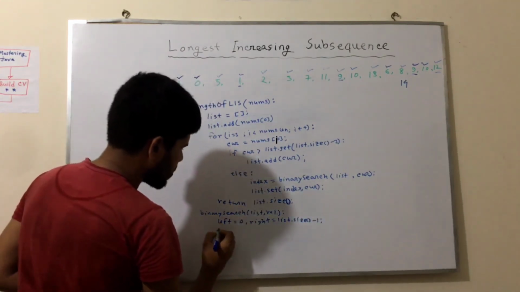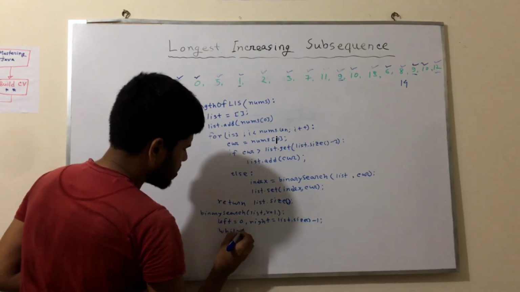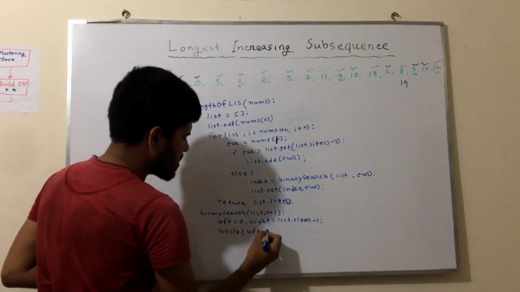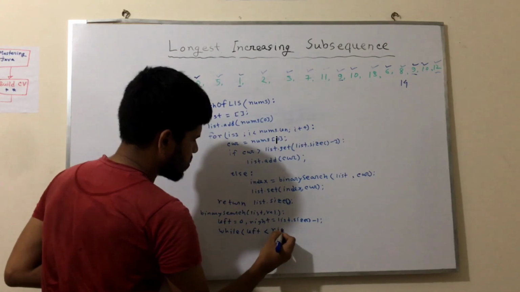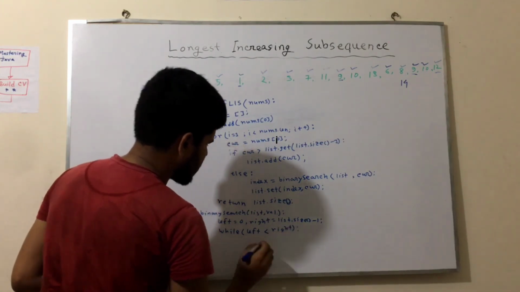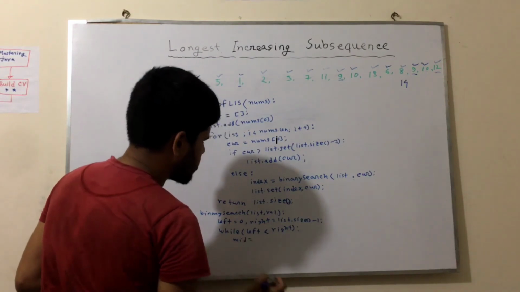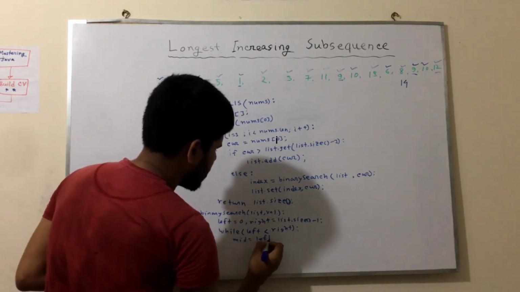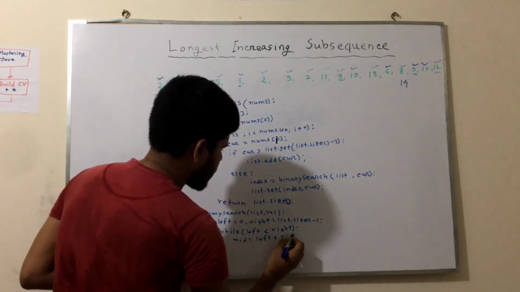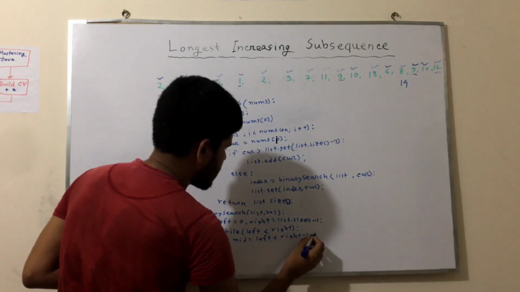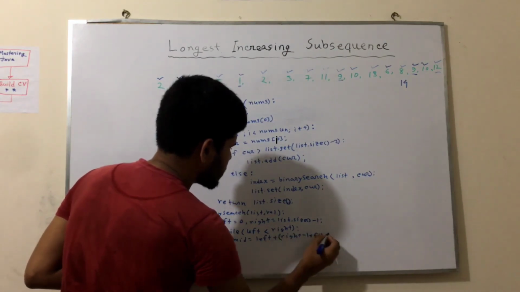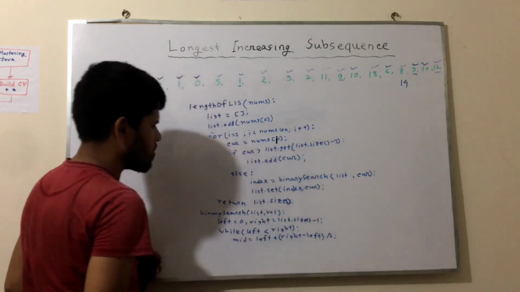Now let's run a while loop here. While left is less than right, we'll keep running this loop. Now let's find out the middle. We can use here left plus right divided by 2. Instead I'm going to use this formula, left plus right minus left divided by 2. This formula will overcome the overflow.